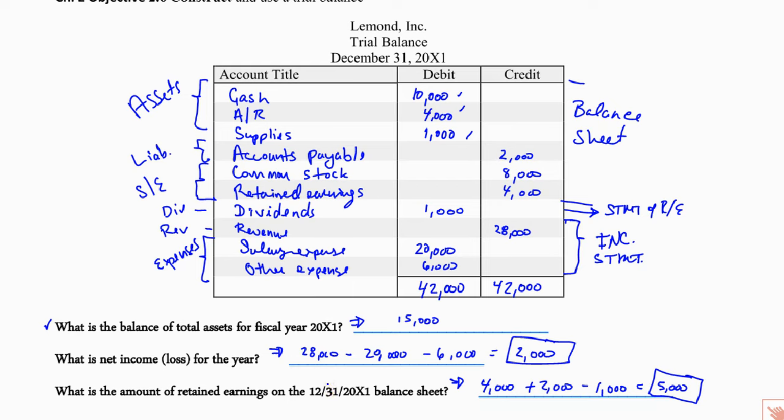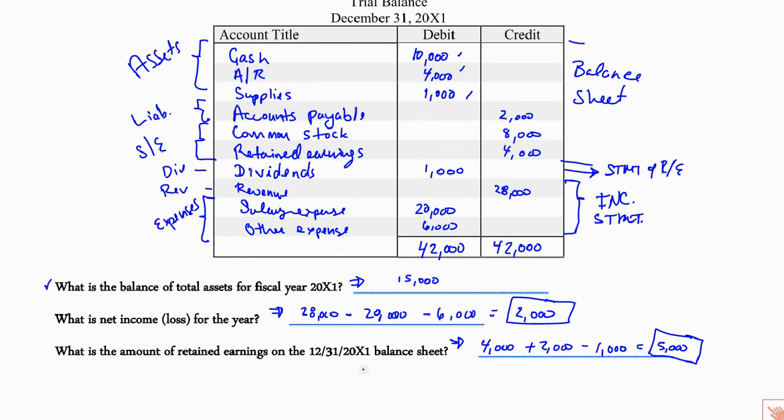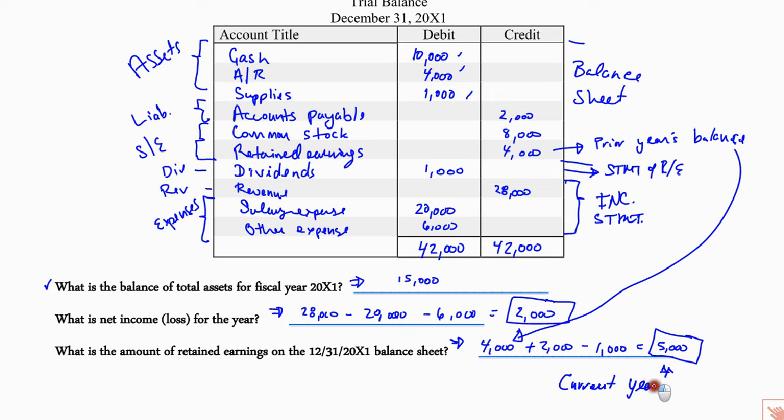The trial balance makes it really easy to create the financial statements. Once again, remember that this is the prior year's balance, which you have to take down here, and the 5,000 is the current year's balance.